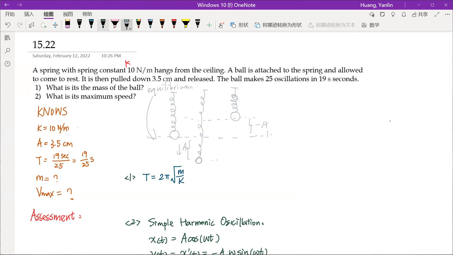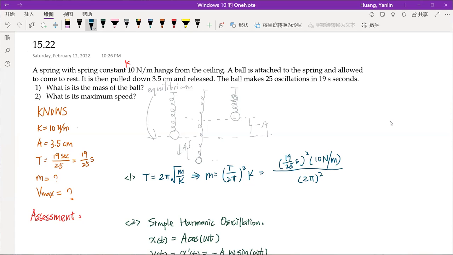Let's write down, we can get m equal to k over 2 pi squared, times the period squared. Let's plug the numbers into the expression, which will give us 19 over 25 seconds squared times 10 Newton per meter over 2 pi squared.